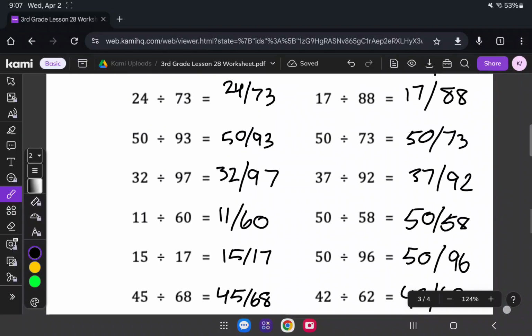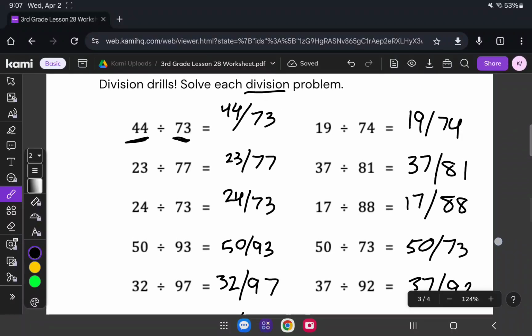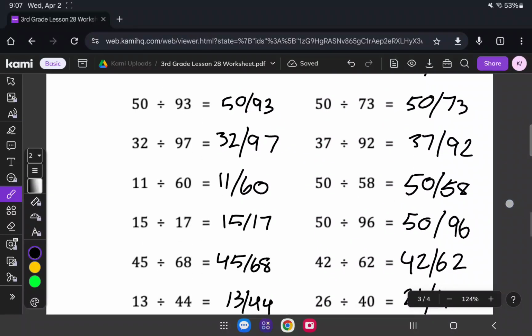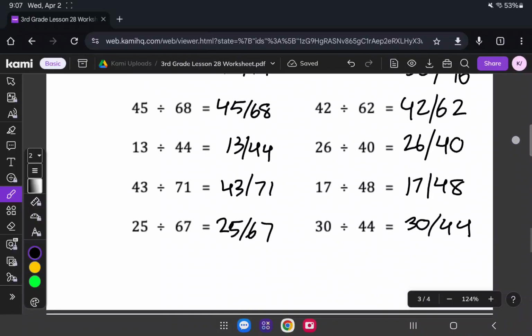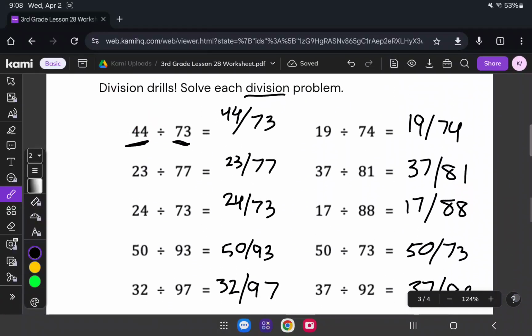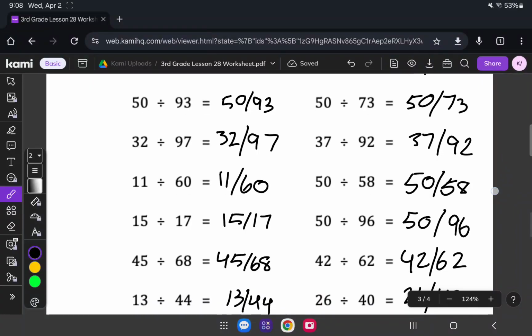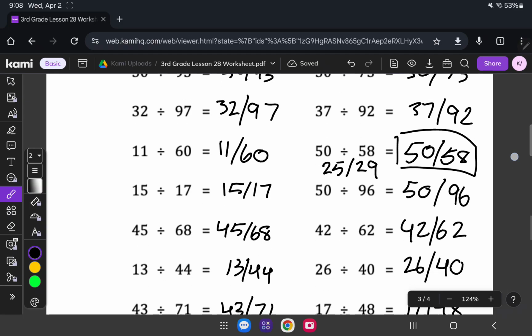You can simplify a lot of these, and I'll simplify them now. So, for example, you can simplify this one, which would be 25 over 29.